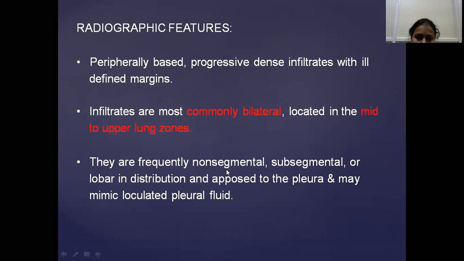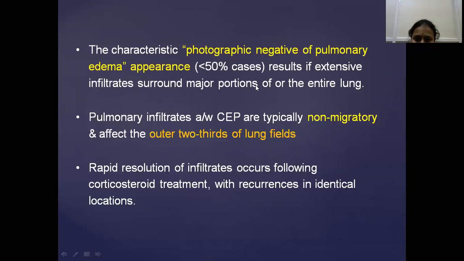These are non-migratory, non-segmental or subsegmental or lobar in distribution, opposite to the pleura, and may mimic loculated pleural effusion. Mainly, the characteristic appearance is the photographic negative of pulmonary edema. This results if extensive infiltrates surround the major portions of the entire lung. These infiltrates are typically non-migratory and affect the outer two-thirds of the lung. Mainly mid and upper lung zones are involved.